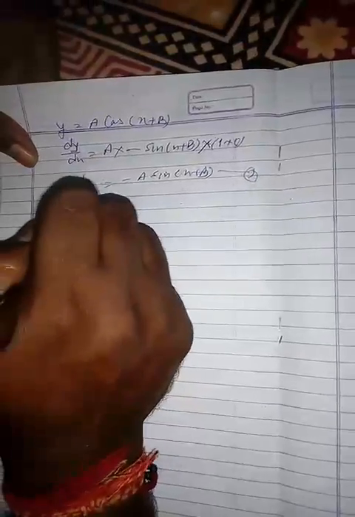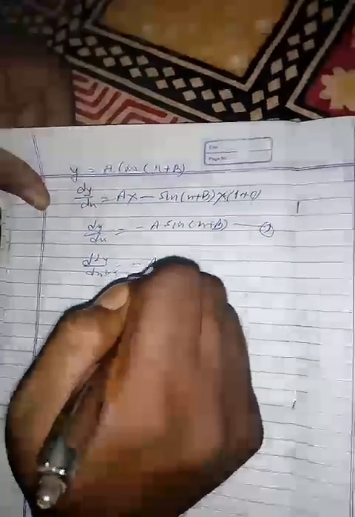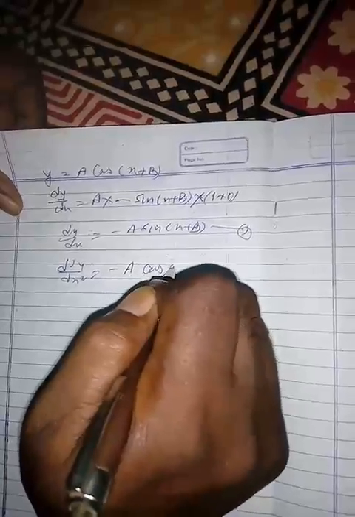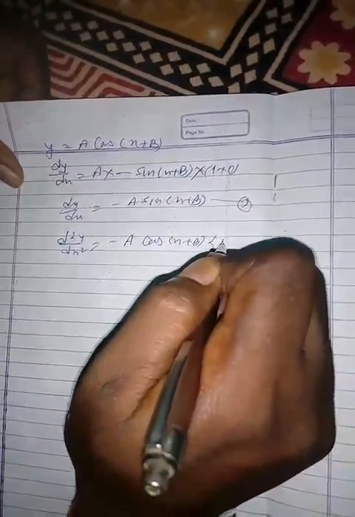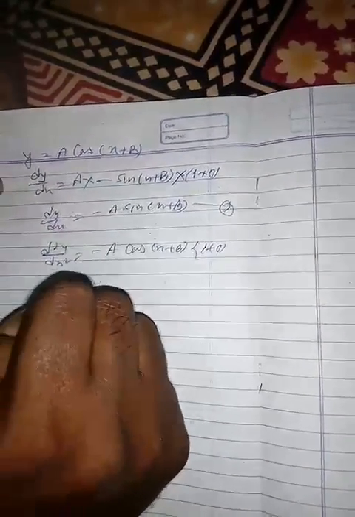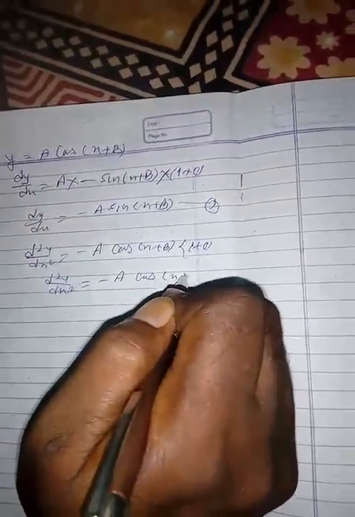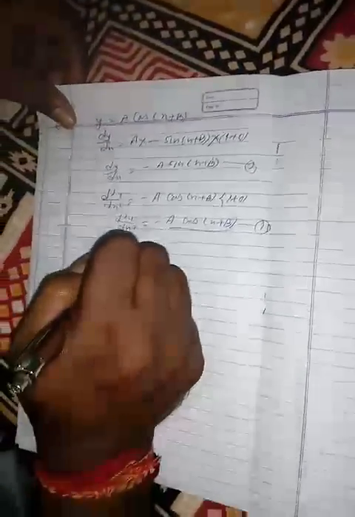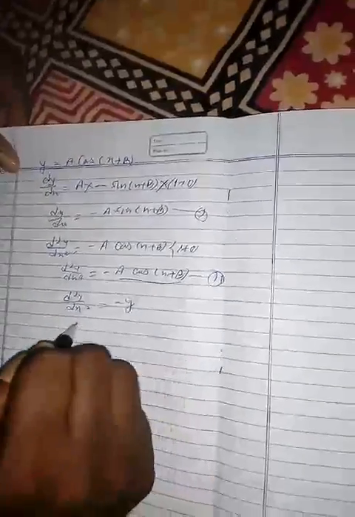Again differentiate both sides with respect to x: d2y/dx square equals minus a cos(x plus b). In the given equation, a cos(x plus b) is written as y, so d2y/dx square equals minus y.